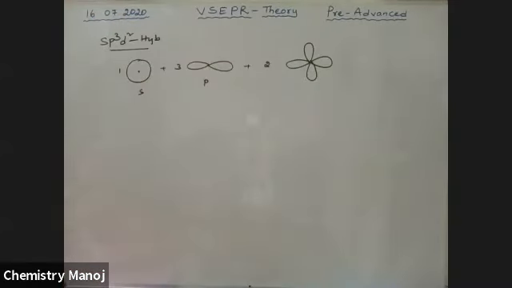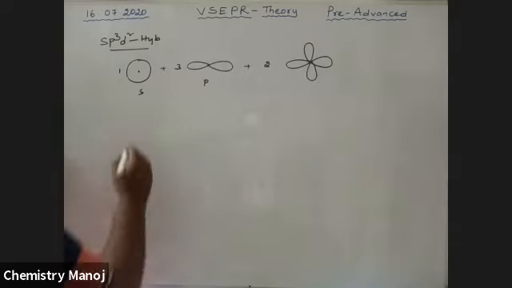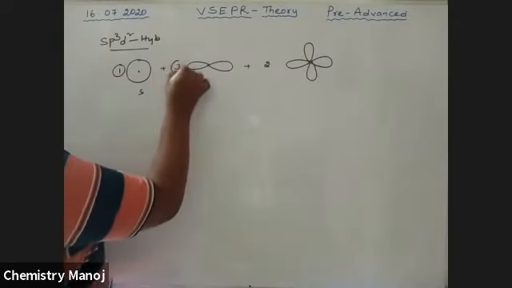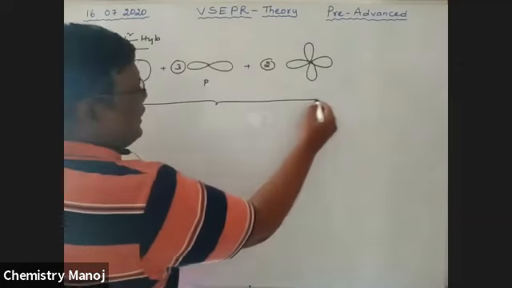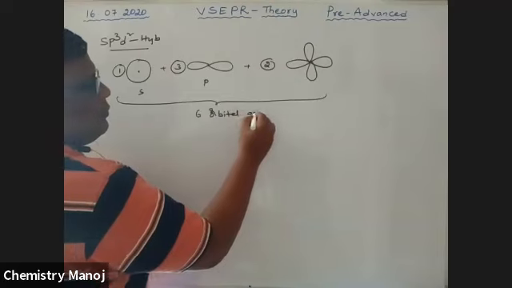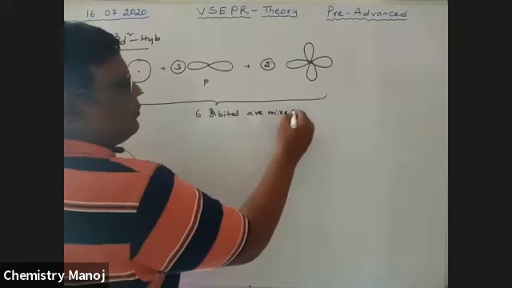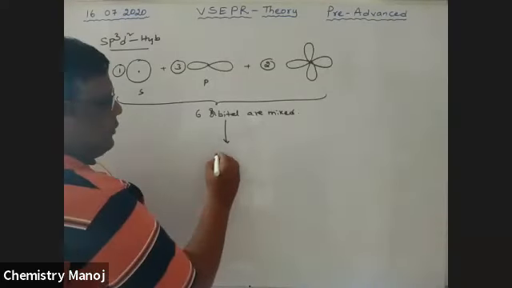Those two d orbitals are dx squared minus y squared and dz squared. So one s orbital, three p orbitals, two d orbitals. Total 1 plus 3 plus 2, that is 6 orbitals involved in mixing. So now 6 orbitals are reproduced.